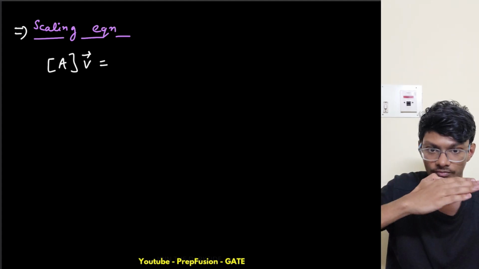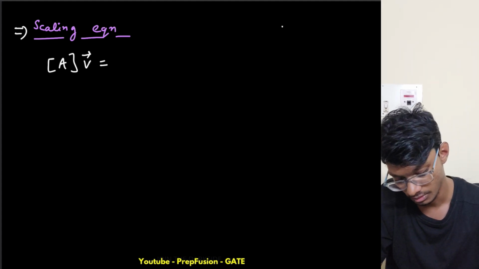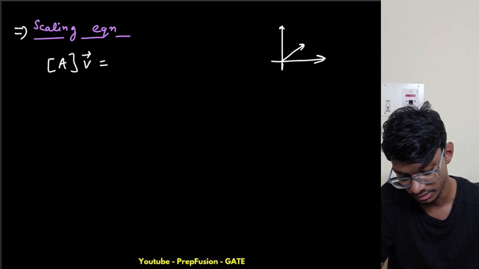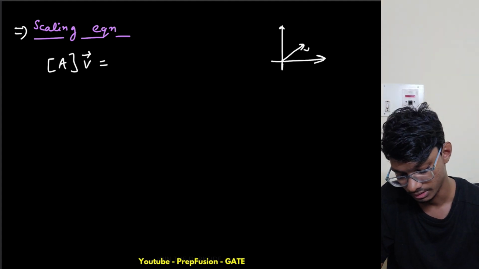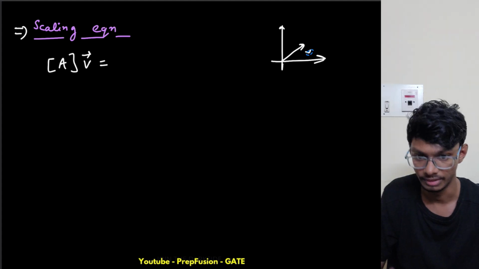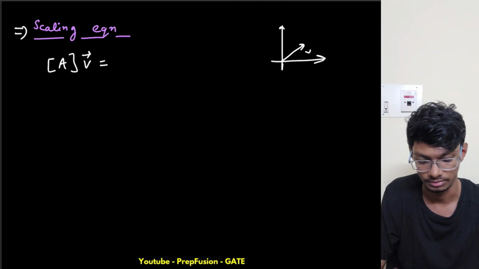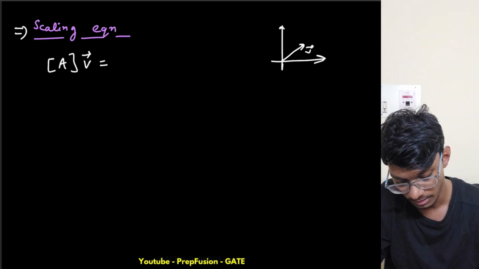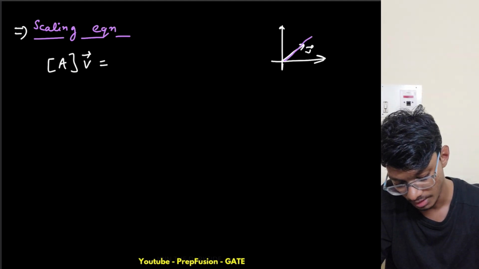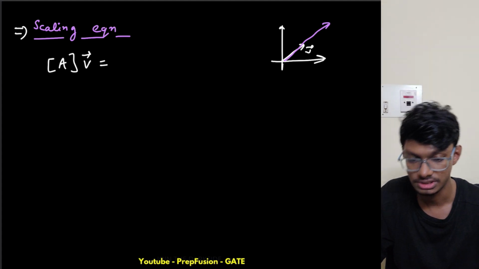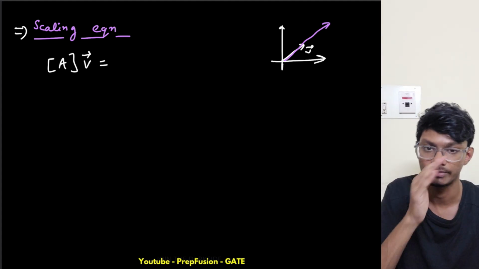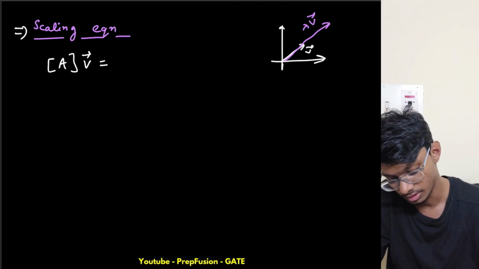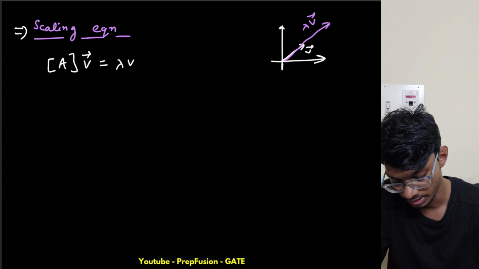It doesn't change. Let's say first my vector V was here. Then I transform it by multiplying with A. But what happens is that I'm still on the same line, along the same dimension. It is just scaled by lambda, so this result will be lambda V.